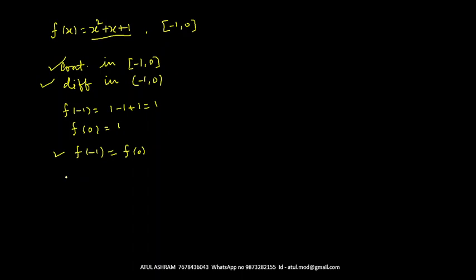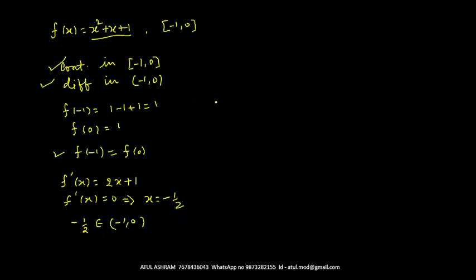Now let us get f dash x. f dash x is 2x plus 1. Fine. f dash x is equal to 0 implies x is equal to -1 by 2, and -1 by 2 belongs to the open interval -1 to 0.